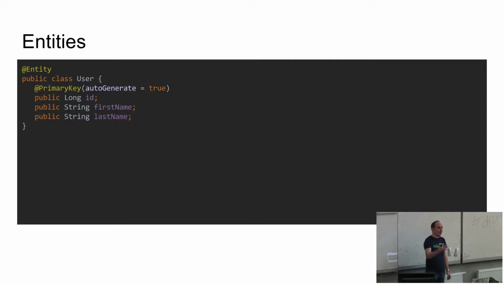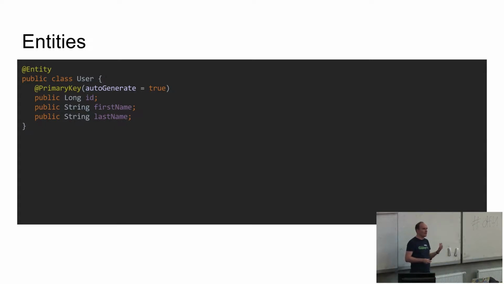Now let's first start at the beginning, of course. So we have our entities. An entity is basically just a simple Java object that you annotate with the Entity annotation. And when you annotate it with the Entity annotation, in this case, Room will store this object into a user table. Because the class name is User, Room will by default pick that name as the table name in the database.